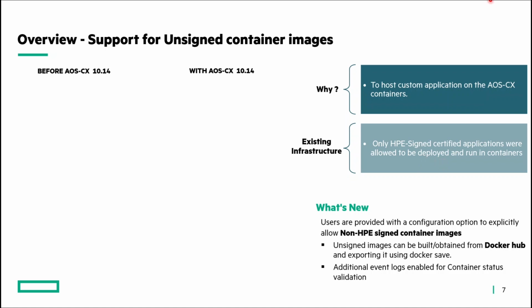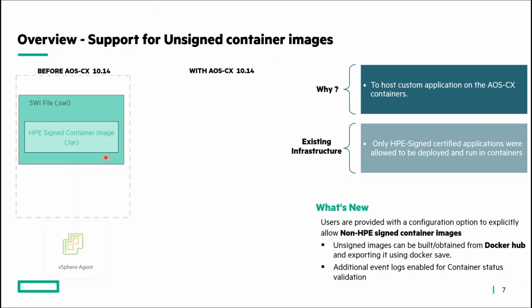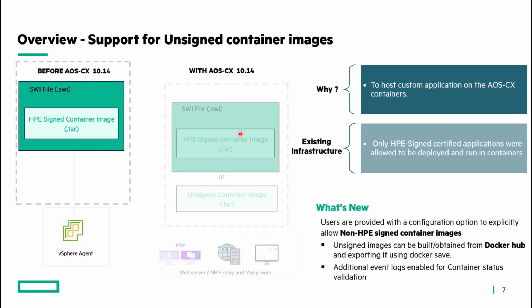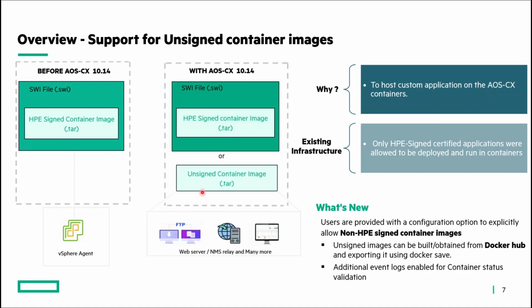So before 10.14, we had support only for the vSphere agent application. So from 10.14, the container image of your choice can be built inside CX, and these are unsigned, and there is no necessity for them to be signed by HP. So apart from this, additional event logs are also enabled for the container status validation, which we'll be looking at in the upcoming slides.